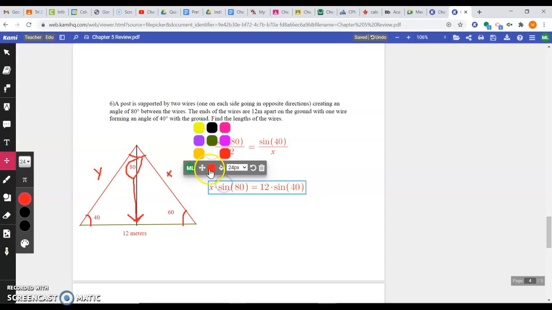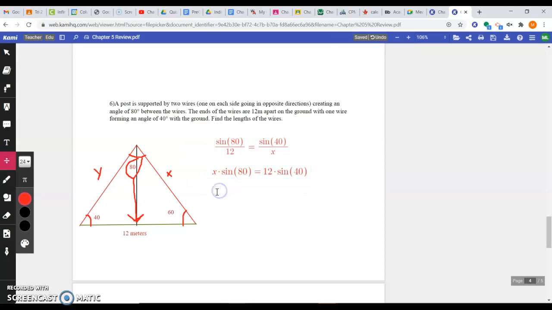I need to divide both sides by the sine of 80 so that I get x by itself, and so that'll look like x equals 12 times the sine of 40 divided by the sine of 80. And then I can plug that into my calculator and get a value for x.